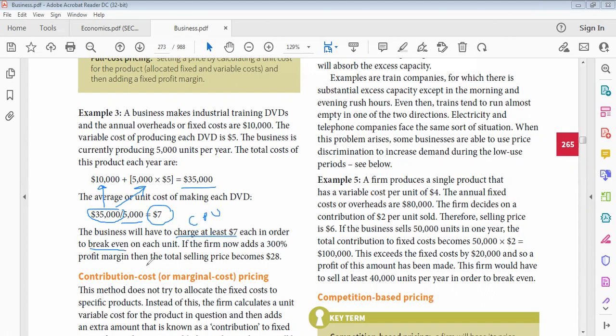Do you know what break even means? Break even means you are neither making a profit nor a loss. That means the revenue that you are earning is exactly equal to the cost. It is not a loss, because you will incur a loss if the money you earn is less than the cost.